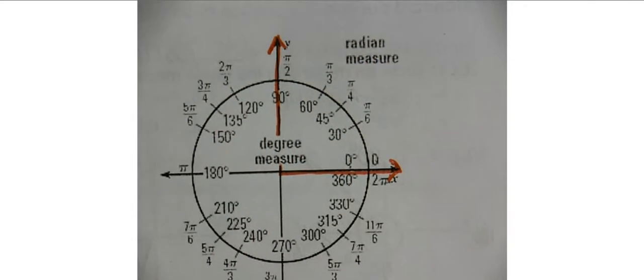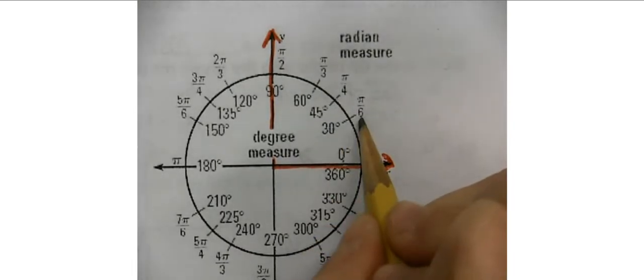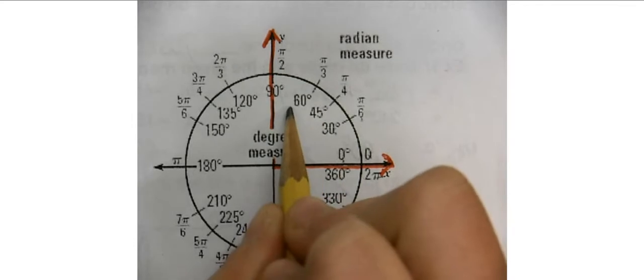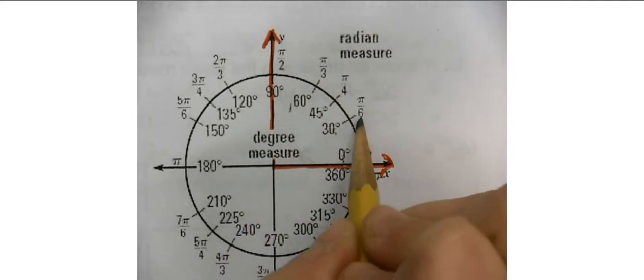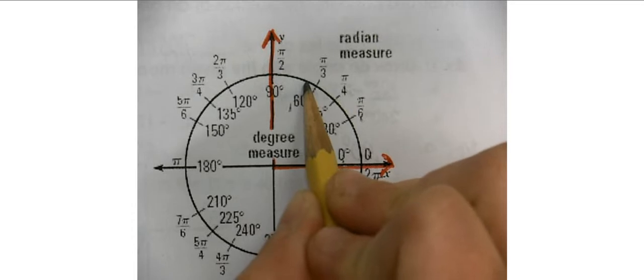Essentially, 30 degrees is equivalent to pi over 6. So every 30 degrees is another pi over 6. So 30 degrees plus another 30 degrees is 60 degrees. So pi over 6 plus another pi over 6 is 2 pi over 6, and 2 pi over 6 is pi over 3.